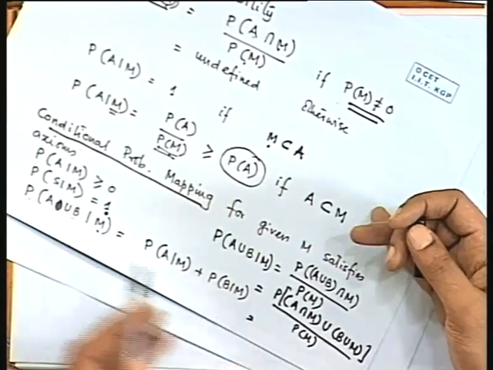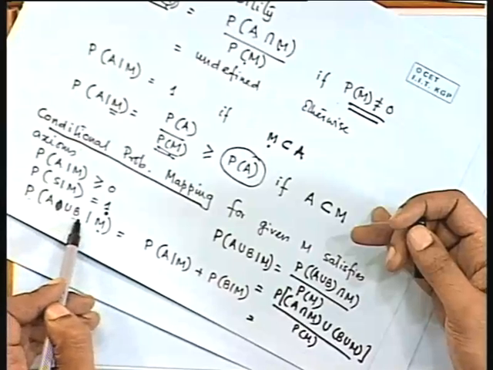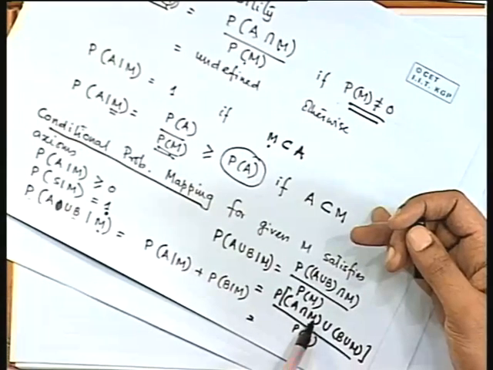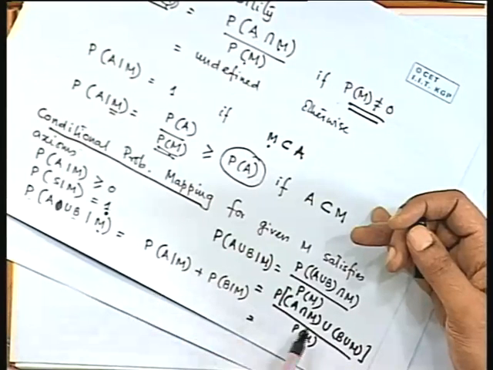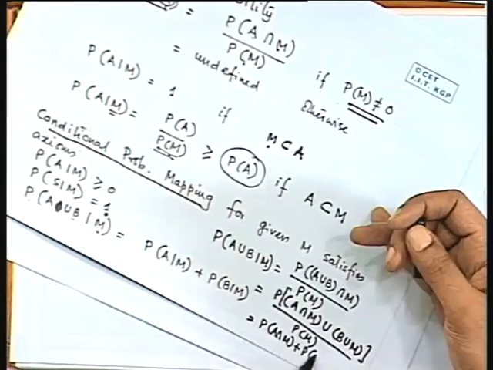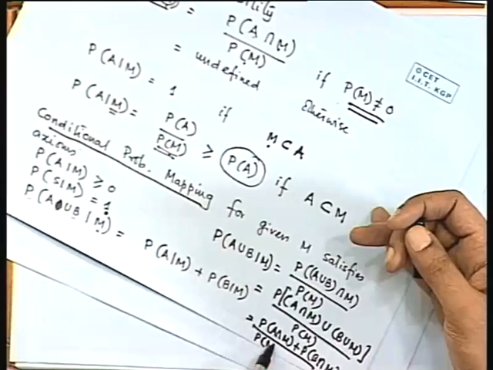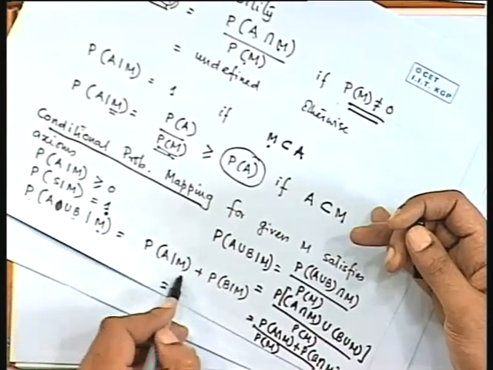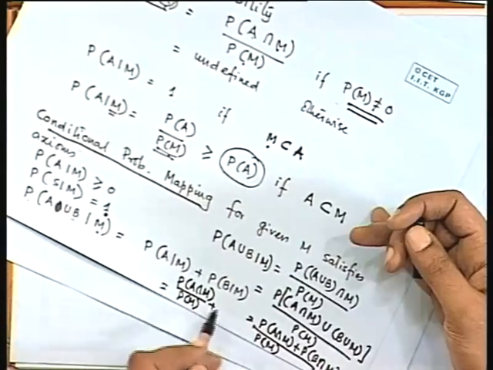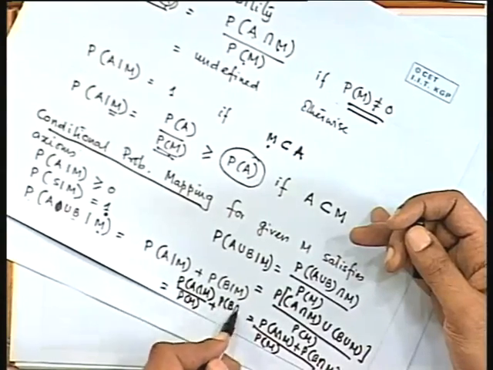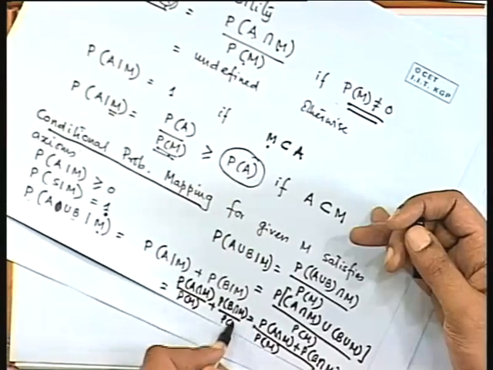Now since A and B are mutually exclusive events, A intersection M and B intersection M are also exclusive events. So therefore probability of A intersection M union B intersection M is probability of A intersection M plus probability of B intersection M, by probability of M. So it is equal to probability of A intersection M by probability of M plus probability of B intersection M by probability of M, which is this.